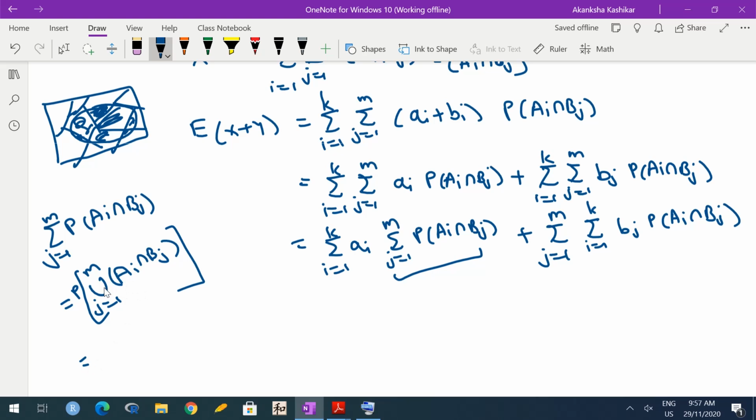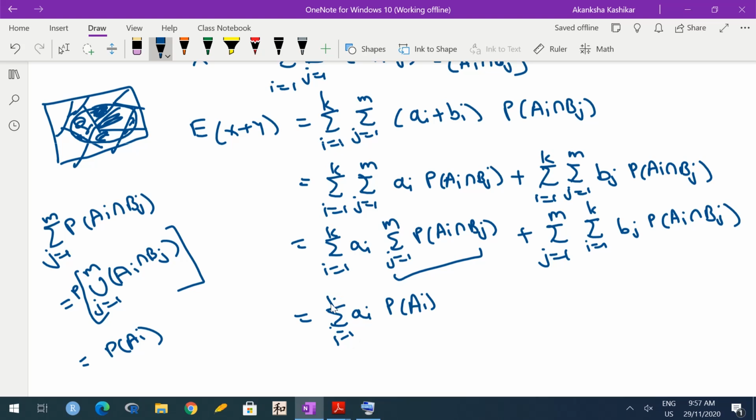And because the union of Bj's is omega, this becomes simply probability of Ai. In fact, this is also known as the law of total probability, and we use something like this in Bayes theorem while getting the denominator of the Bayes theorem. So this is the sum over Ai, and this becomes probability of capital Ai.